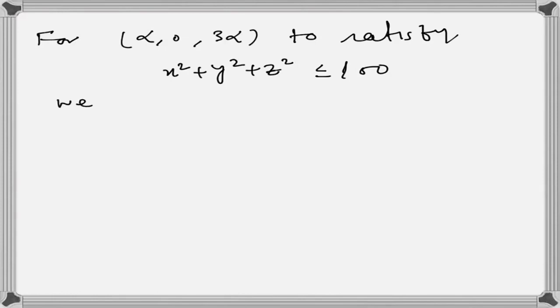So for (alpha, 0, 3 alpha) to satisfy this, we have alpha square plus 9 alpha square less than or equal to 100.